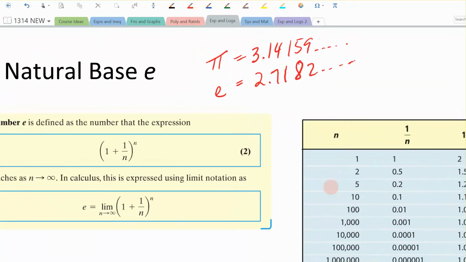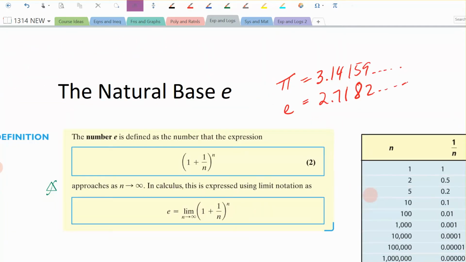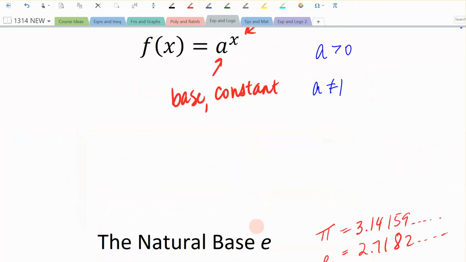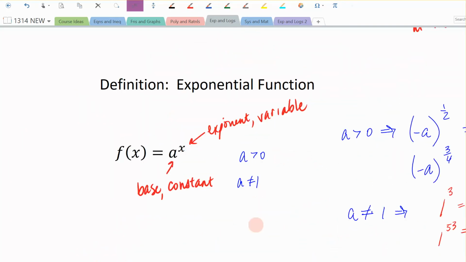All of that is just to say that as we move through this chapter on exponents and logs, when you see the letter e, it is representing the number 2.718. You just need to know that for the future. Okay, that is our definition of exponential functions. Now let's talk about graphing in the next video.